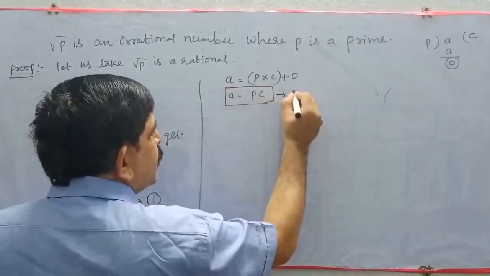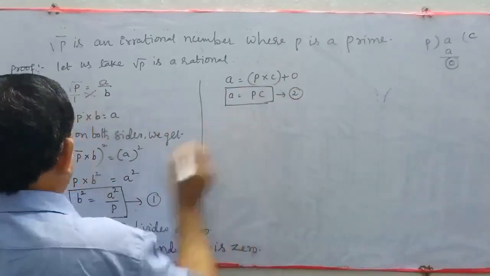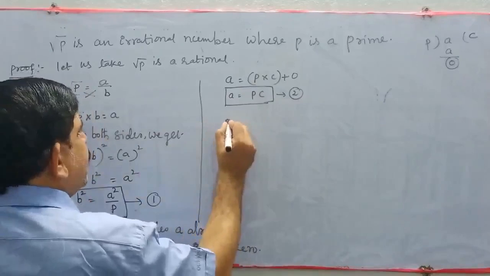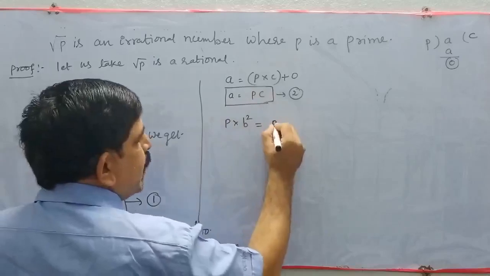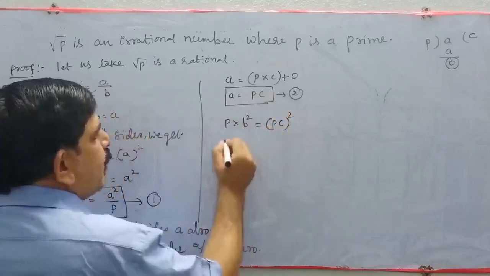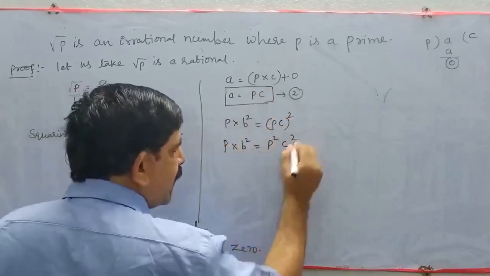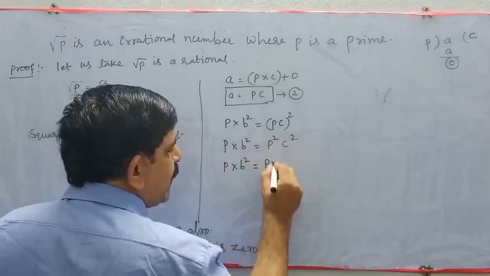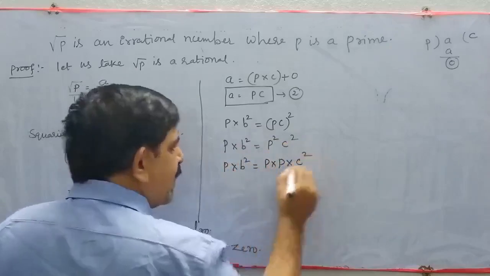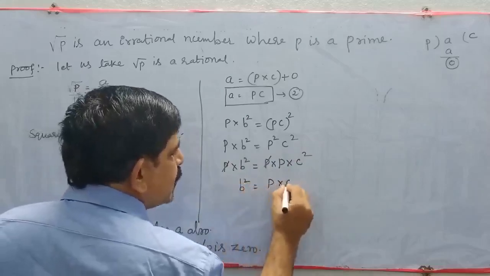Now substitute A is equal to PC in this equation: P into B square is equal to A square, which is PC whole square. Now what we get? P into B square is equal to P square C square. P square can be written as P into P, times C square. This P and P get cancelled, then B square is equal to P into C square.